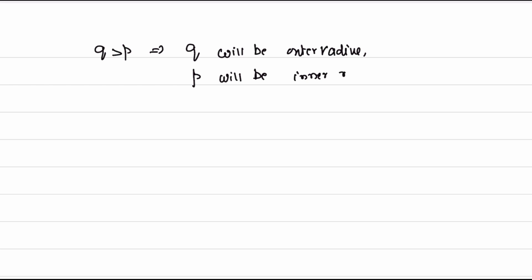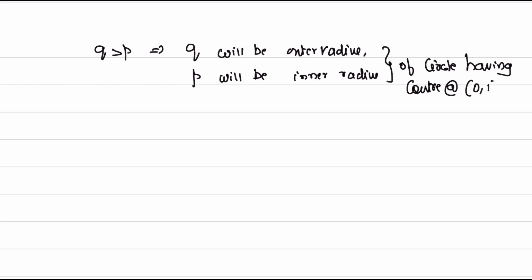Q greater than P means Q will be the outer radius, and P will be the inner radius of the circle having center at (0, 1).